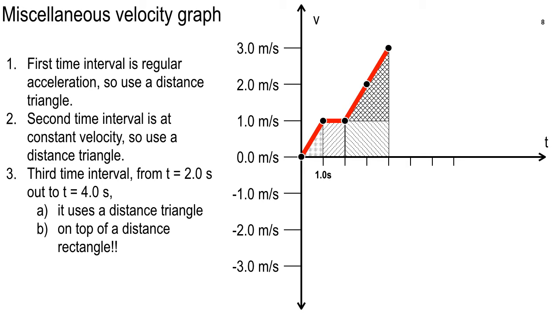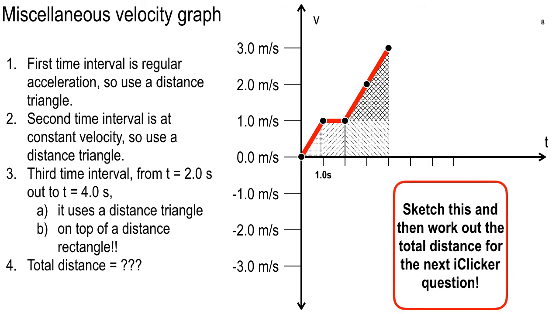All right, and if you compute those areas, you could figure out the total distance. Now I want you to sketch this diagram carefully because we're going to do a clicker question next. And you're going to type in a number for your answer. And it's going to be a little tricky. Let me move to the clicker question now.